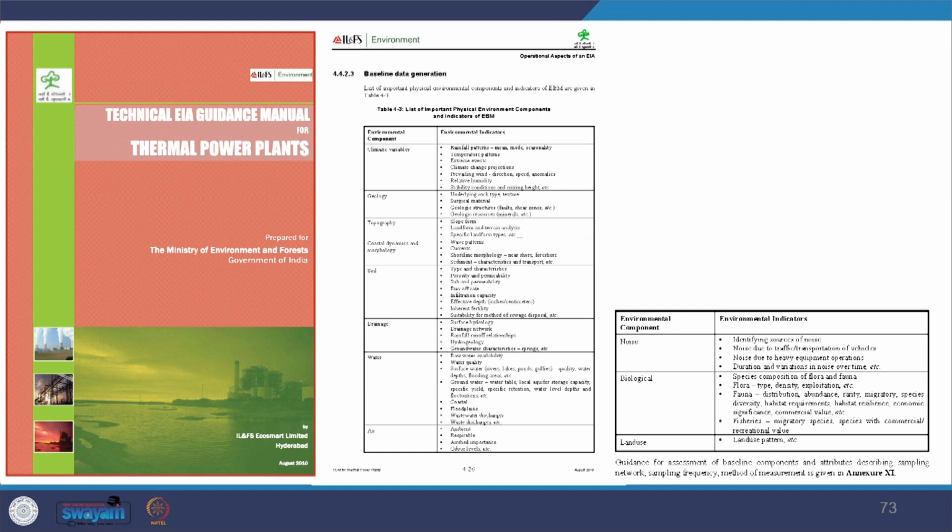You see species composition of flora and fauna, flora type, density, exploitation, fauna distribution, abundance, rarity, migratory, and so on, and fisheries. So you see in our context as well what kind of collections we do in order to study or create the baseline study.